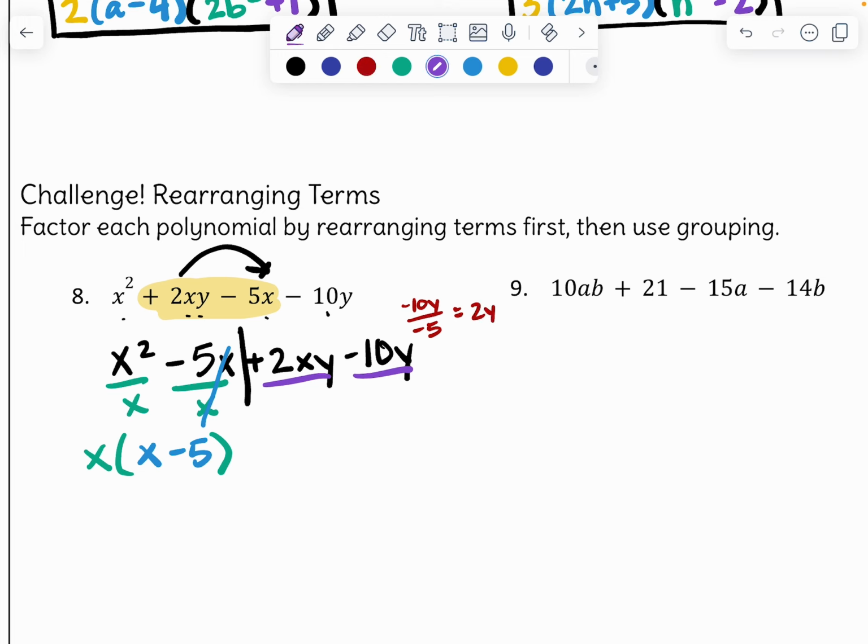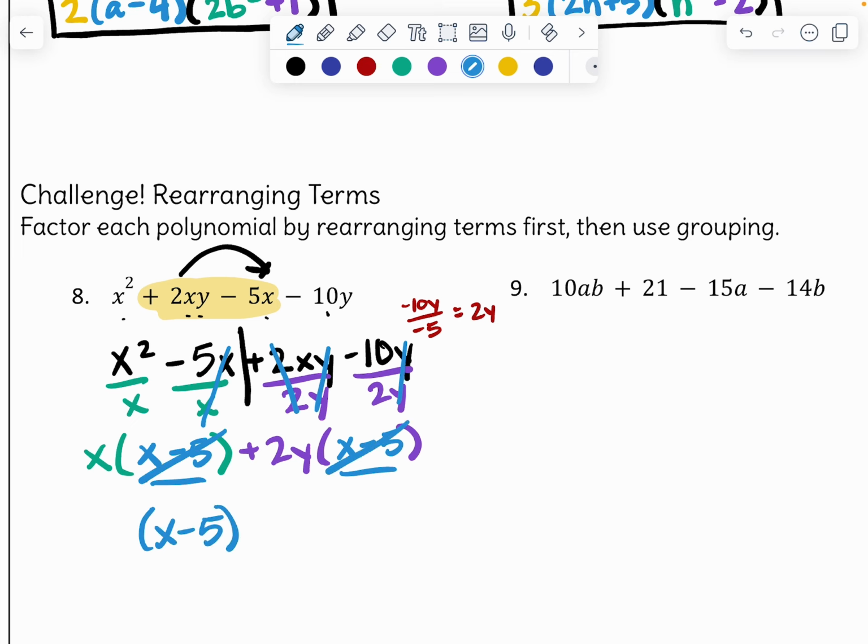So divide by 2y. So the 2 cancels out, the y cancels out. I'm left with just x. Negative 10 divided by 2 is negative 5, and the y cancels out. So now I have x minus 5 and x plus 2y.